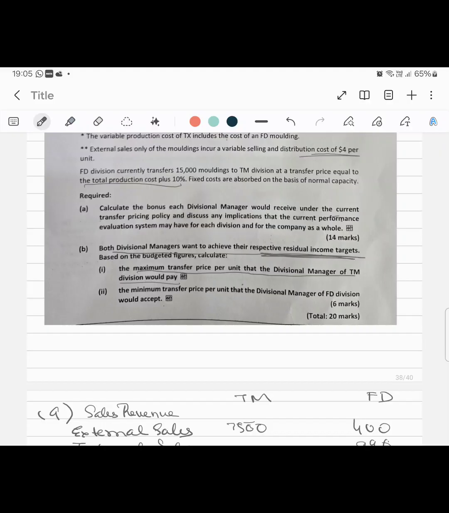But if both managers want to achieve it, then 85,000 will have to be the extra income that FD will have to generate to achieve its minimum residual income target, right?